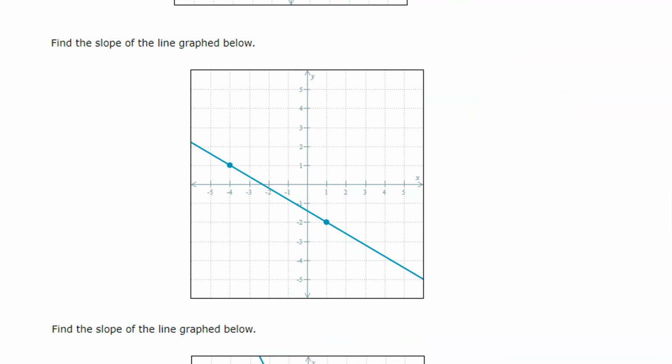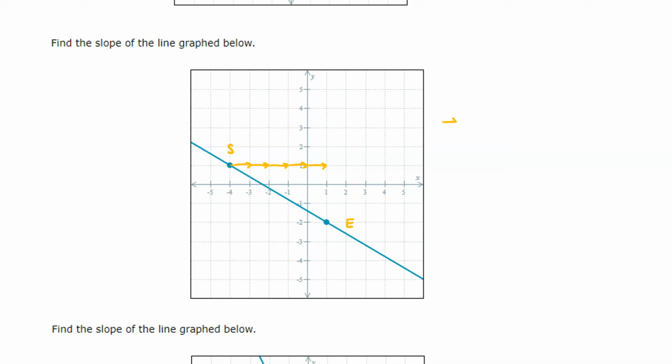So let's try again. Again, I like to go from the leftist point to the rightist point. It literally doesn't matter. So I'm going to start here and I'm going to end here. Now I need to go right 1, 2, 3, 4, 5, just 5.